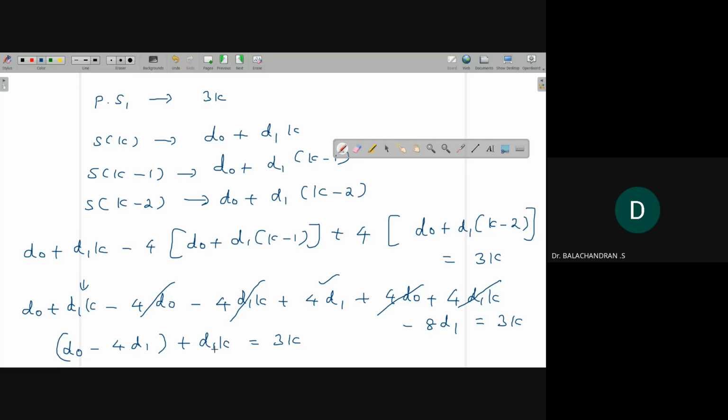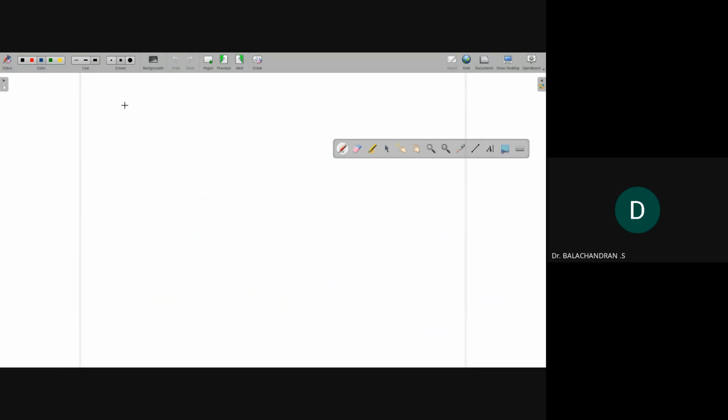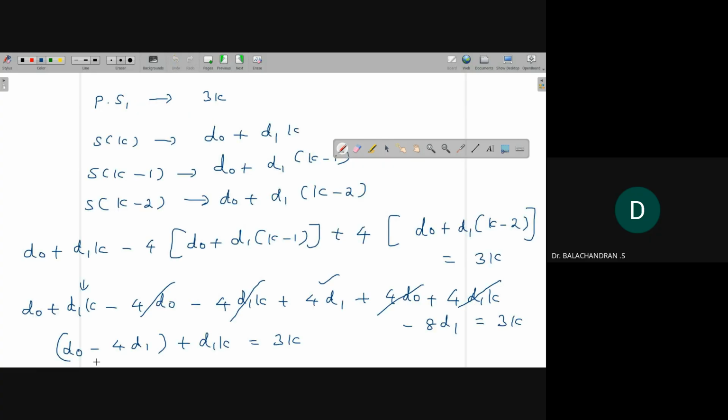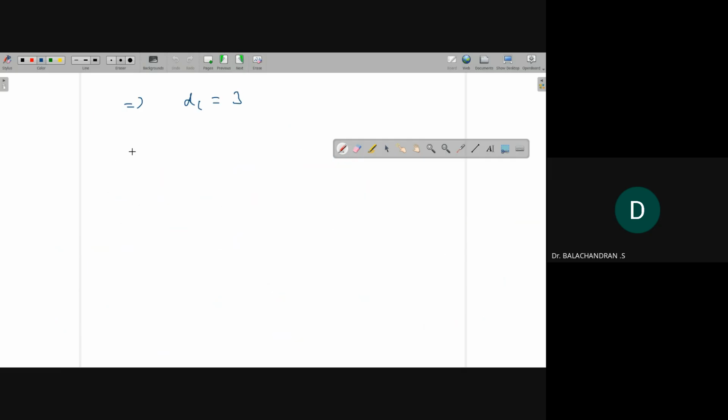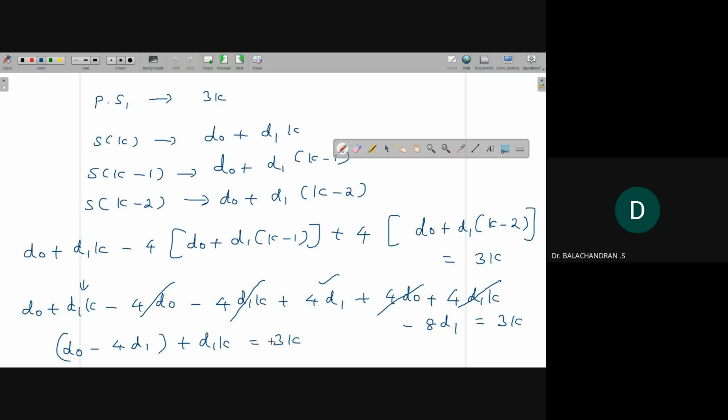So now d1 equal to 3. From this you can easily find out. If you compare the coefficient of k, d1 equal to 3. We compare the coefficient of k, and if you compare the constant term, d0 minus 4 d1 equal to 0.